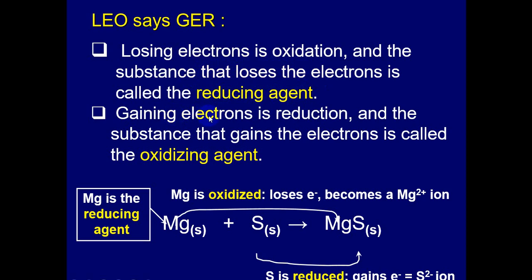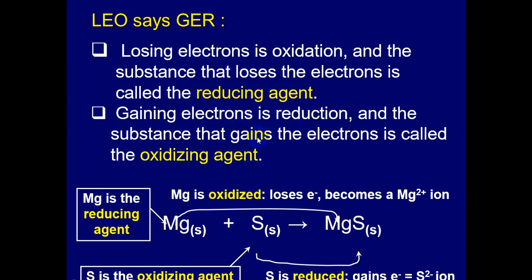In the opposite, gaining electrons is reduction, and the substance that gains the electrons is called the oxidizing agent, because when you gain electrons, you are parasiting. Somebody has electrons and you took them from the person by force. So you yourself become reduced, but the other element or atom that you forcefully collected electrons from, that substance becomes what?